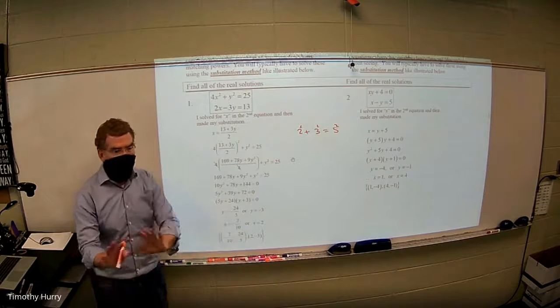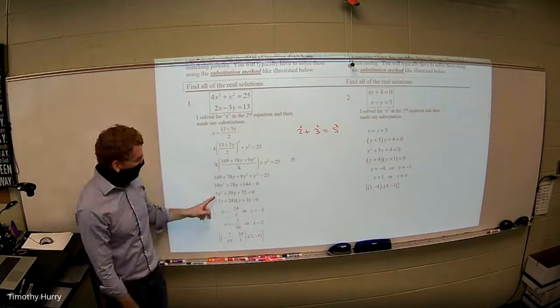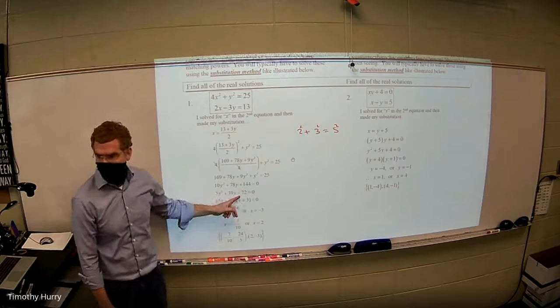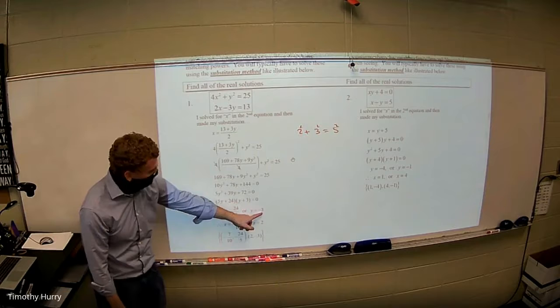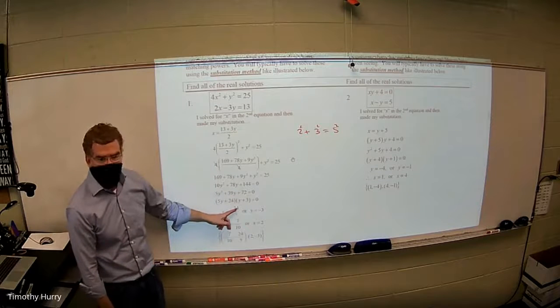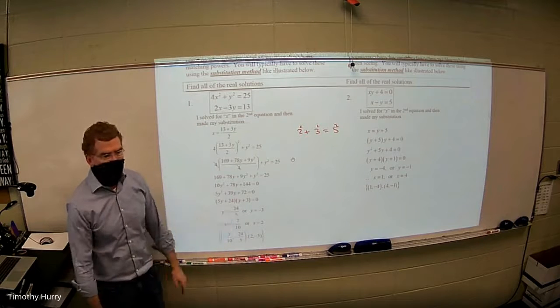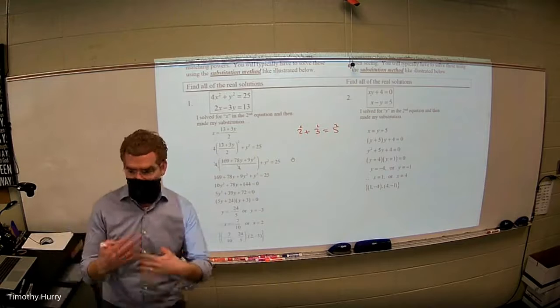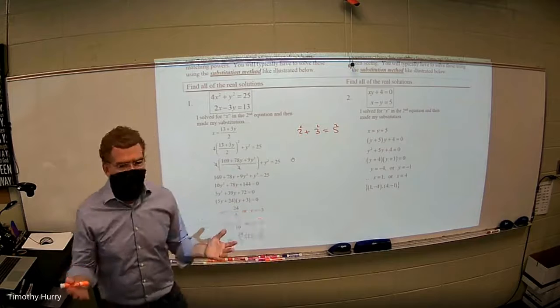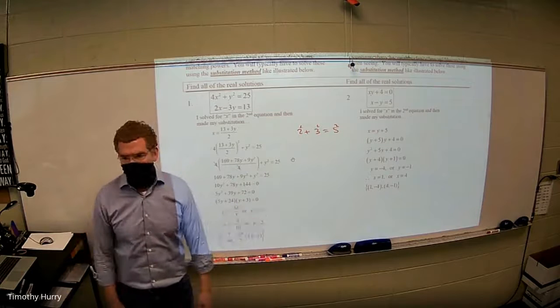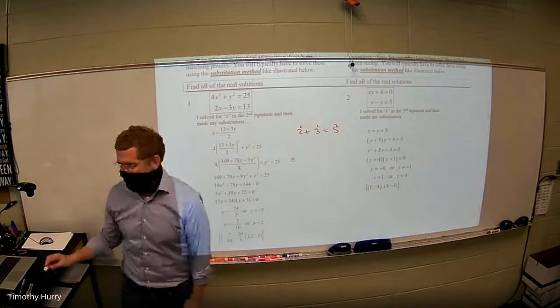I try to really avoid ugly quadratics like that. Make it where it's a little bit easier to deal with. But I noticed one of the y's was really nice, even though the other one was kind of gross. So that's going to happen from time to time, but I do my best to troubleshoot these problems so that when you're working on them, if you're doing them correctly, the math doesn't get just too bad. Are you with me so far?